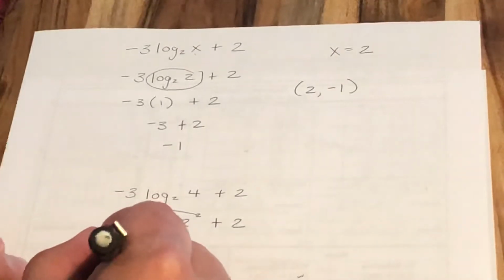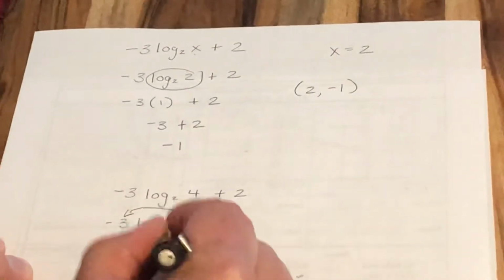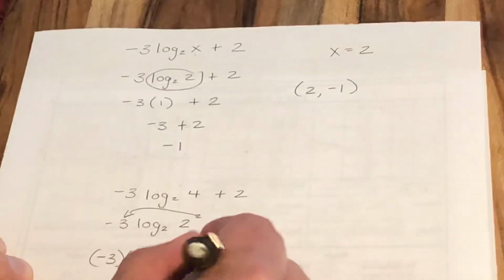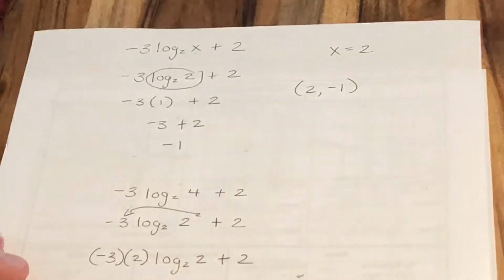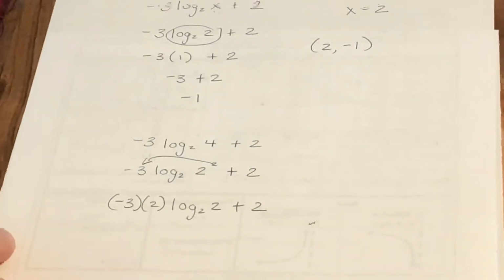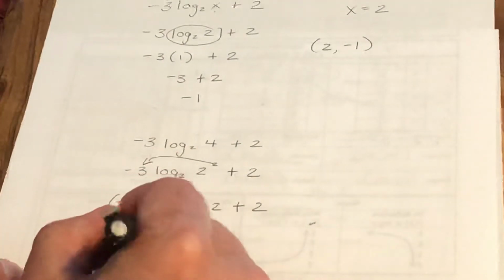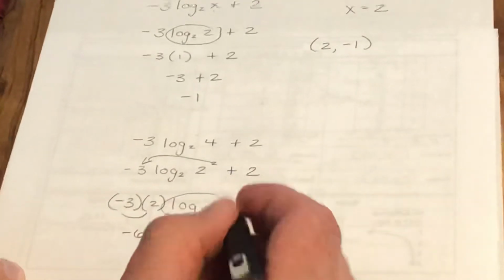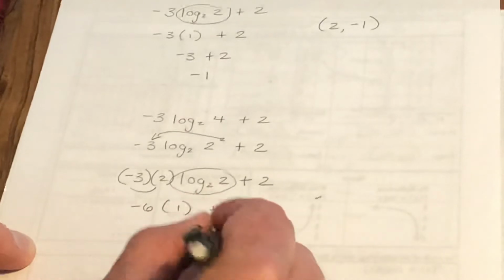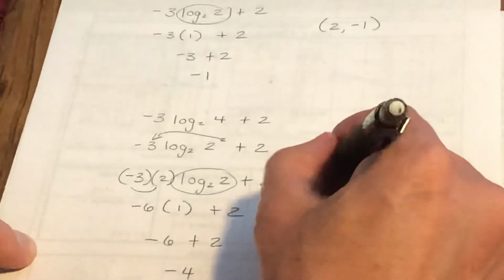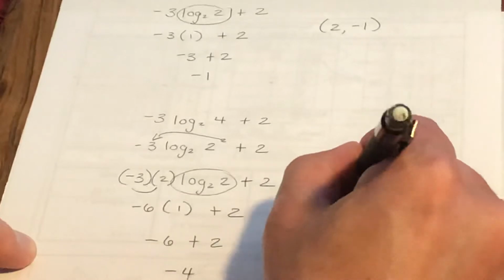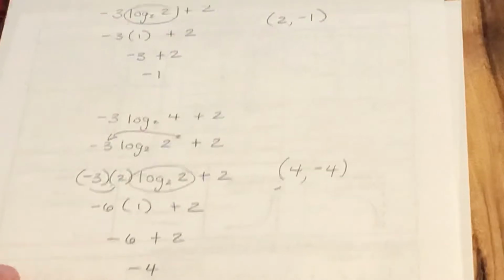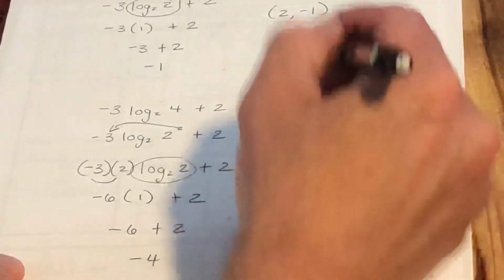So now I have -3 times 2 log base 2 of 2 plus 2. So it's going to take some algebra. Again, it's Algebra 2. So this is -6 times 1, plus 2, which is -6 plus 2, which is -4. So when I plug in 4 for x, I end up with -4 for y. 4 for x, -4 for y. So we go back to our graph.